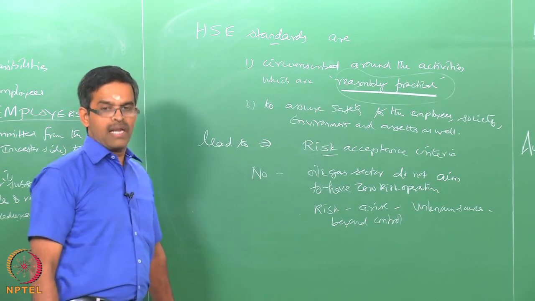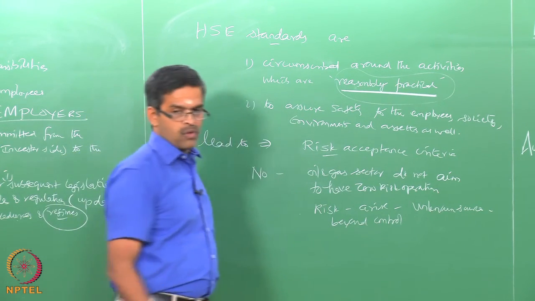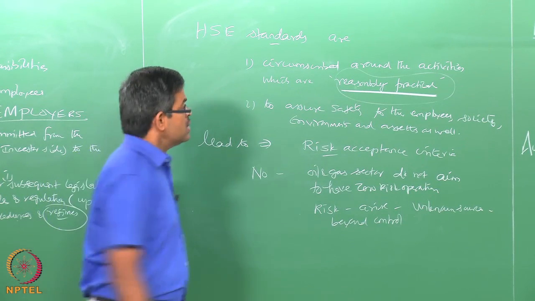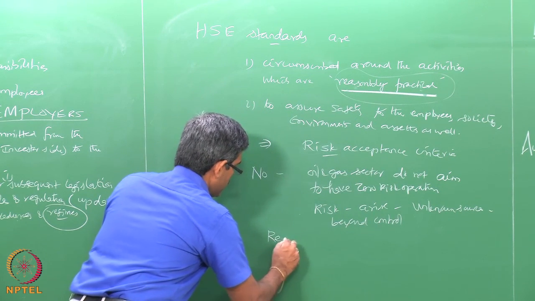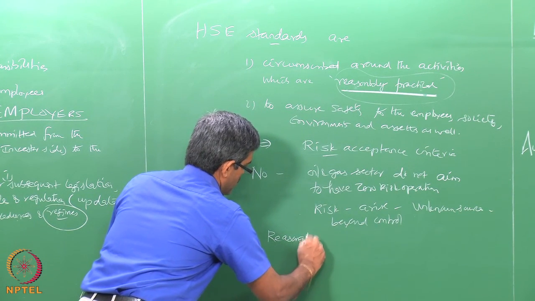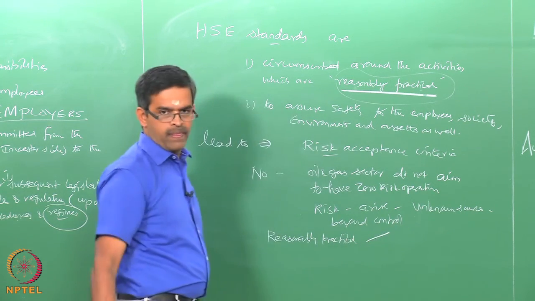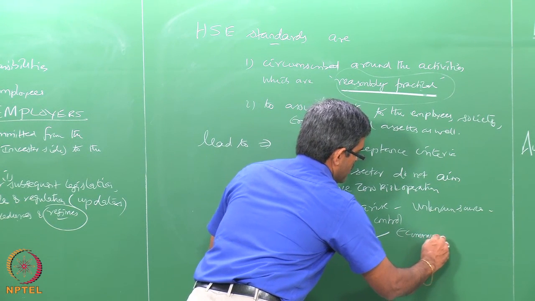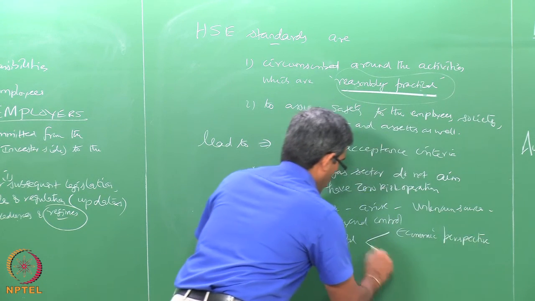So, if at all the risk arises, you have got to see whether the prevention or correction of that risk situation or hazard scenario is reasonably practical in terms of economic perspective, operational perspective.